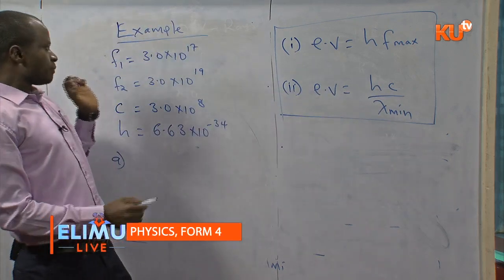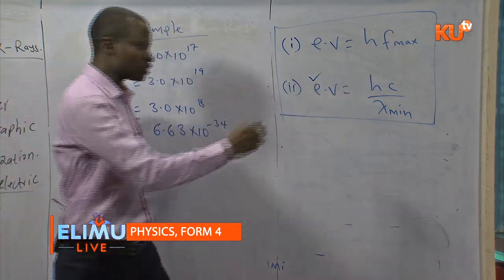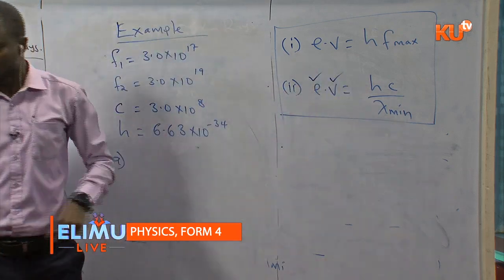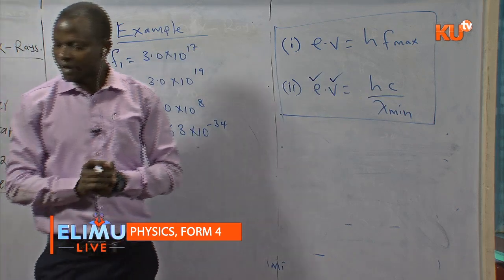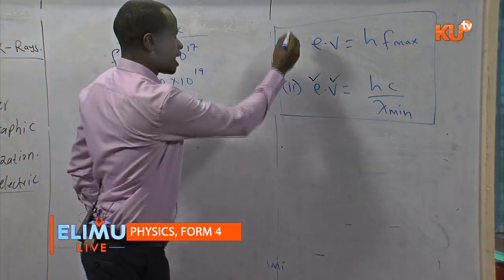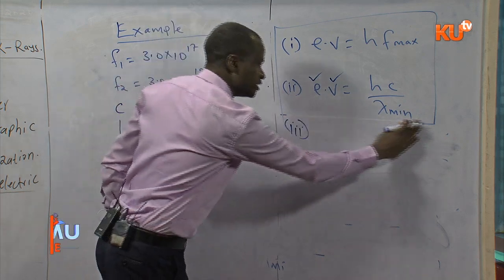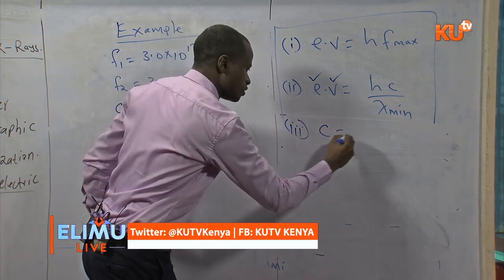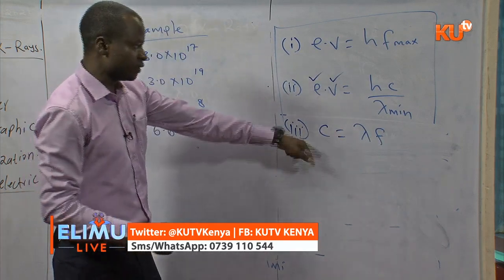No one has talked about electron volt. No one has talked about accelerating potential. So you cannot use that equation. What does this mean? We need to use the wave equation. The wave equation, which I want to take as equation 3, that you must always remember, is C equals lambda F, like that.